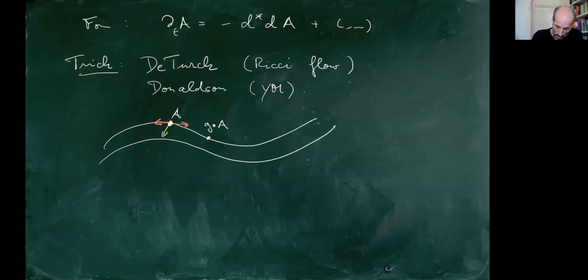So if you add a term to your equation which moves in the red direction, so in the directions which are tangent to the gauge orbit, then as far as physics is concerned, you haven't changed anything, right? So all you do is, infinitesimally, apply some gauge transformations as time goes by. But then applying a gauge transformation shouldn't change anything in the physics, and so it doesn't actually change what you care about.